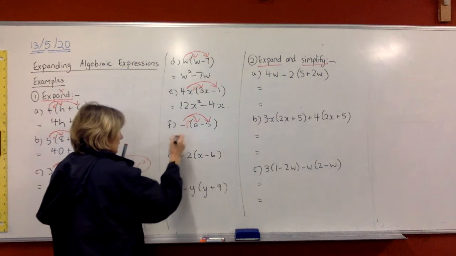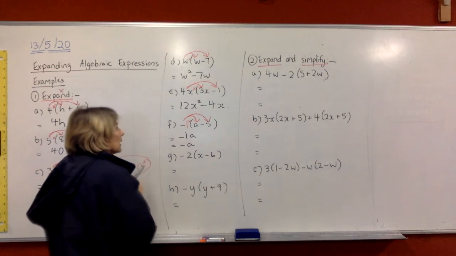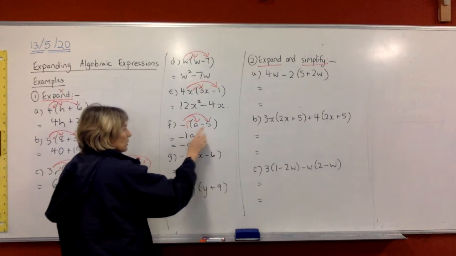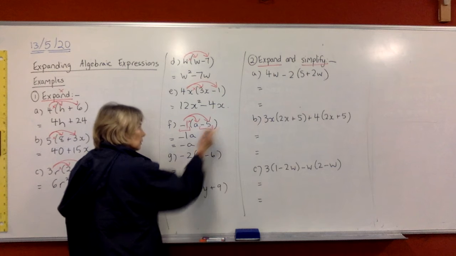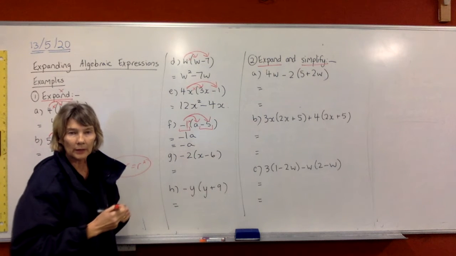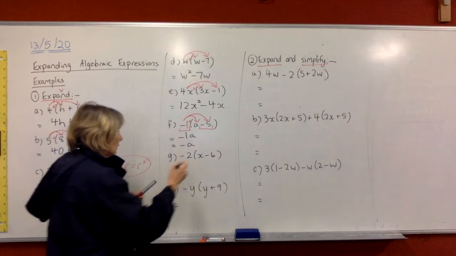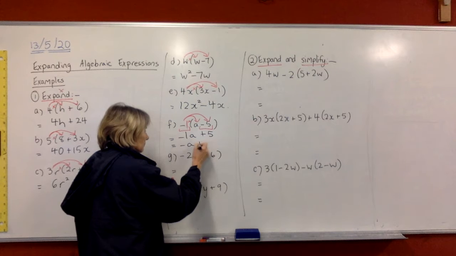Okay, we might do 2 lines here. That will come down to just minus a. Now the next bit, minus 1 times minus 5. Be very careful. Use your calculator. Minus 1 times minus 5, and your calculator gives you 5. Now if it gives you 5, it's a plus 5, so put the plus in.